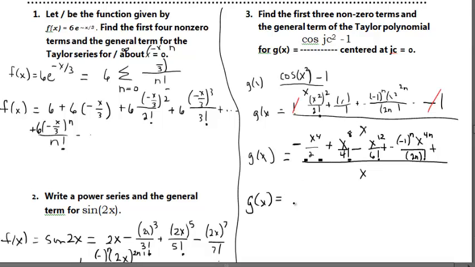So taking it a step further, dividing this x to the 1st out of every term up here in the numerator that does have a variable x in it, I end up with negative x cubed over 2 factorial plus x to the 7th over 4 factorial minus x to the 11th over 6 factorial.